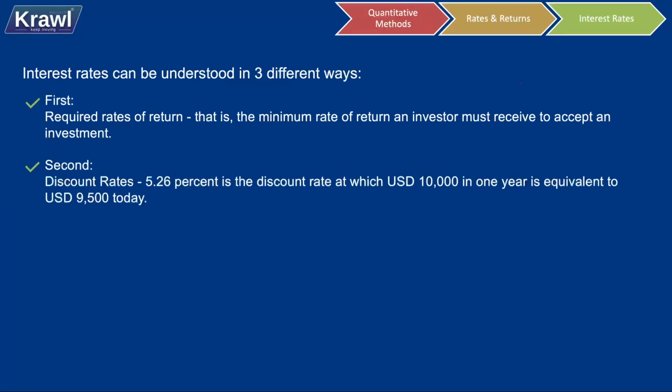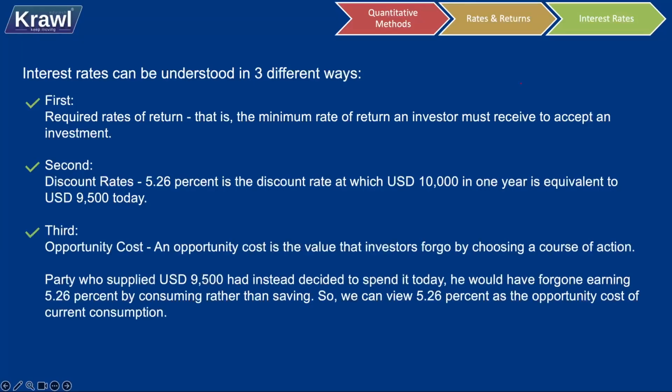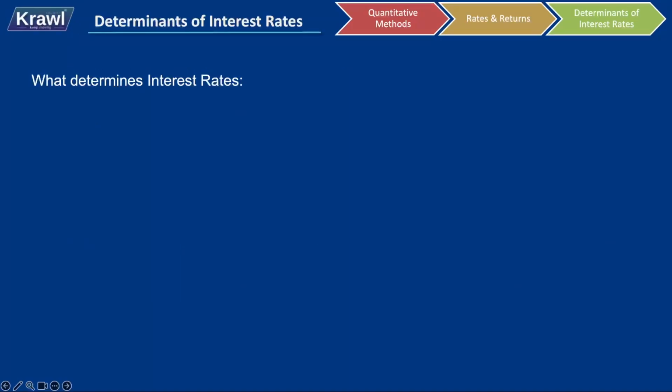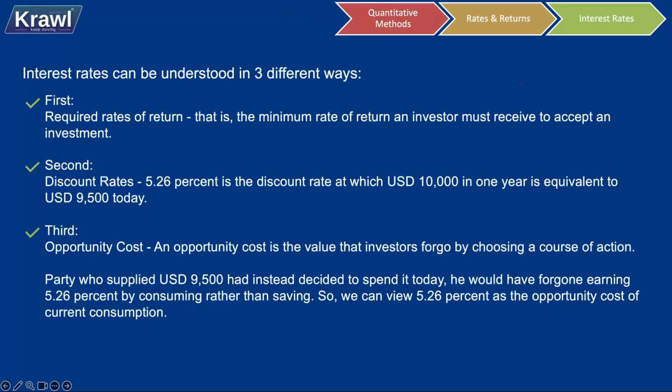The second way in which we can look at it is a discount rate. In the previous illustration, we had a number, 10,000 US dollars, 1 year from now. So the number of 10,000 US dollars a year from now was actually equal to the figure of 9,500 US dollars today.